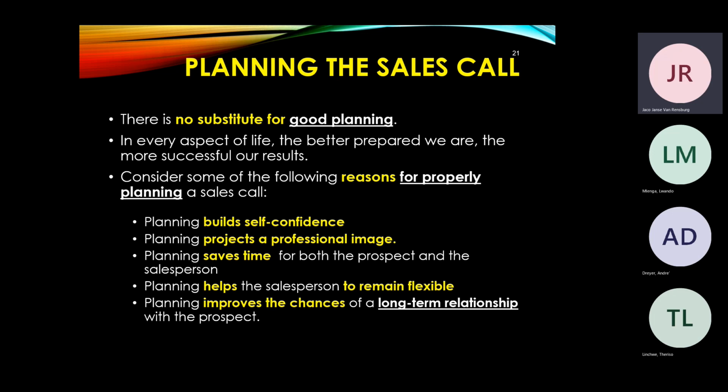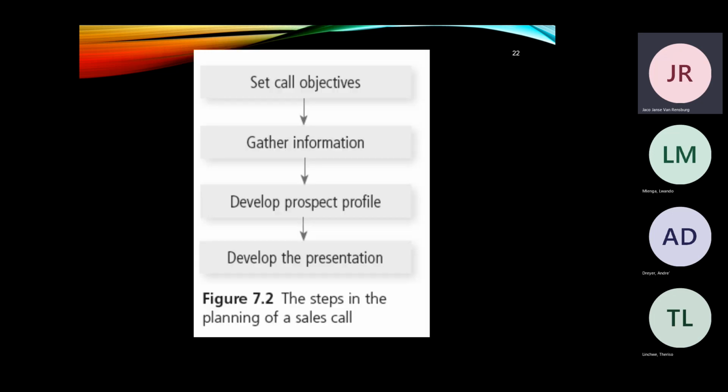What are the 4 steps in the planning of a sales call? This is the image I referred to when you did your assignment. Setting objectives, gathering information, developing a profile of the prospect so you have as much information as possible, and then obviously that all together results in you planning and developing a presentation.